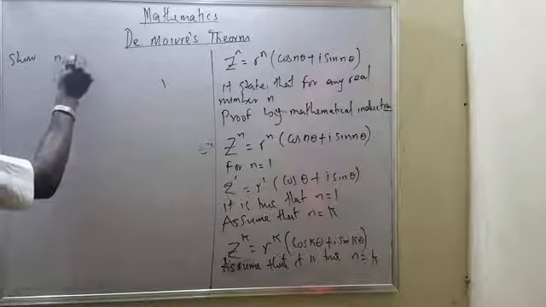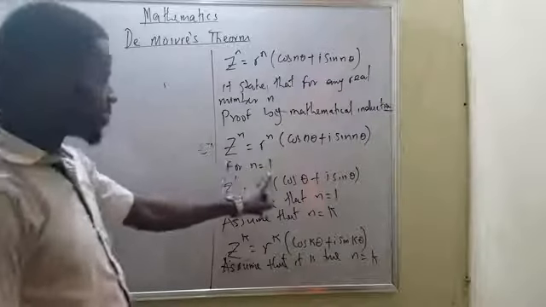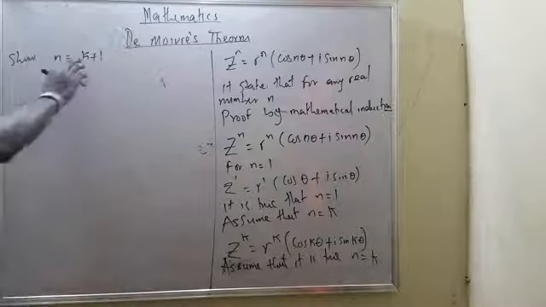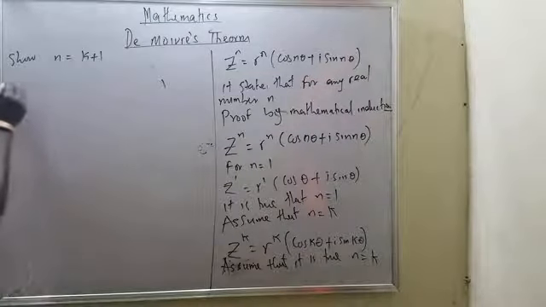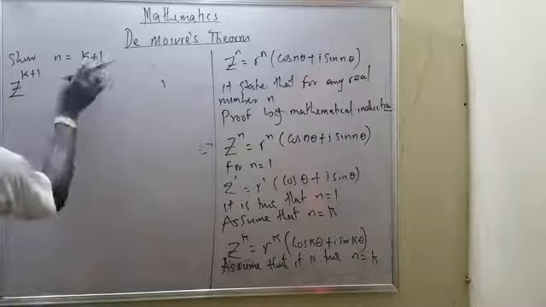Okay, let me show n equals k plus 1, because we have done this for n equals k. Now I'm going to n equals k plus 1. It means what I have is z^(k+1). Whenever I see n, it will be represented by k plus 1.